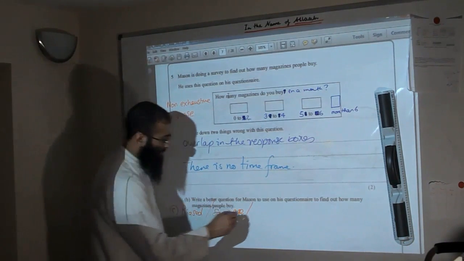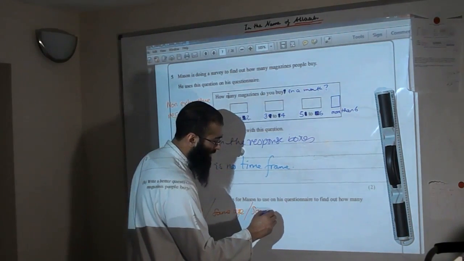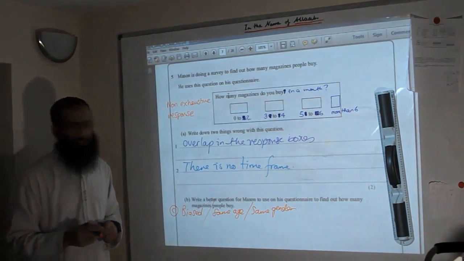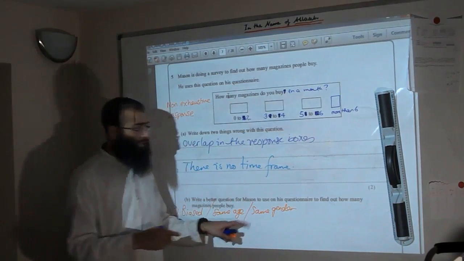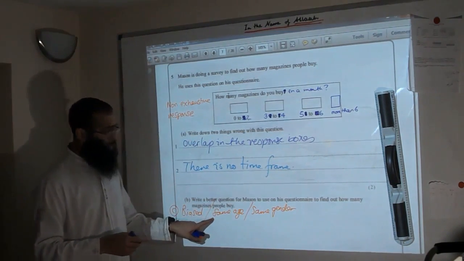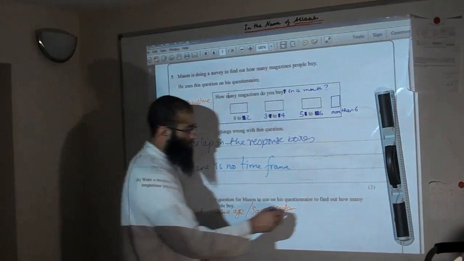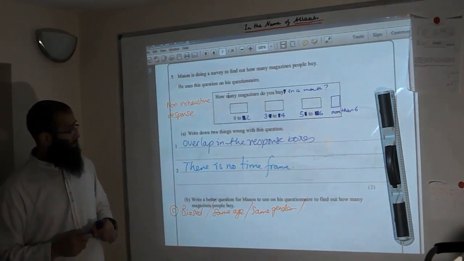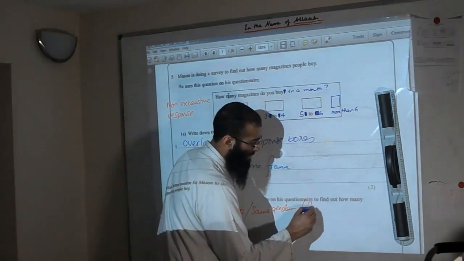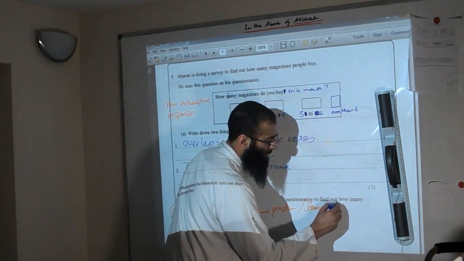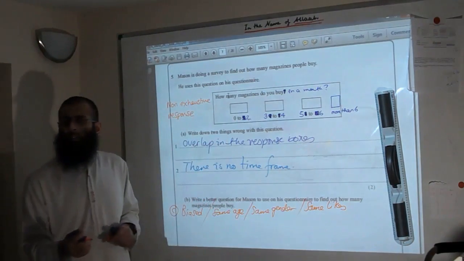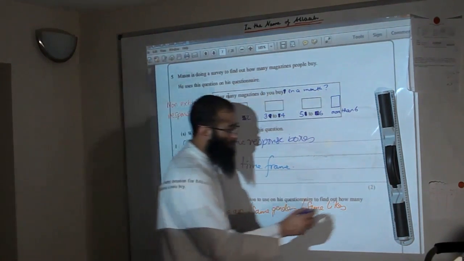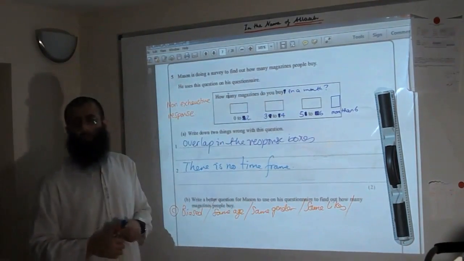That's also going to affect the results. His friends might have the same interests, same likes. In that sense, that's what probably causes it to be biased in the first place. What else can we write down? What's another reason?